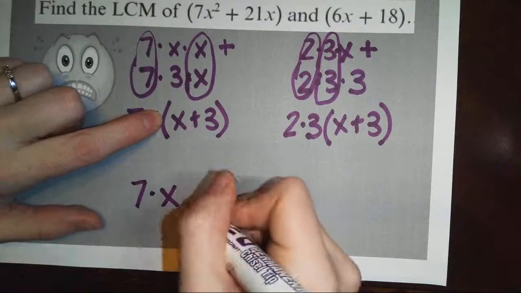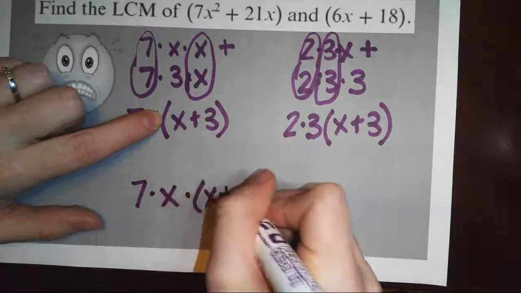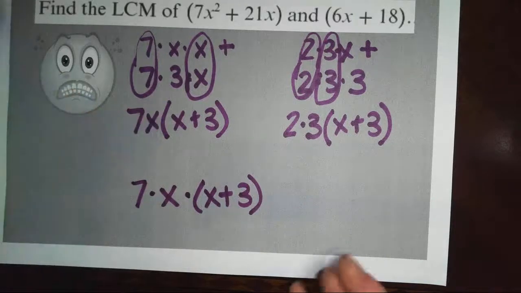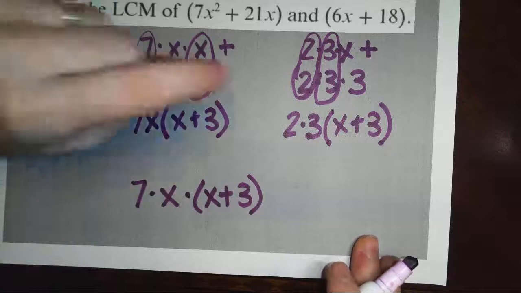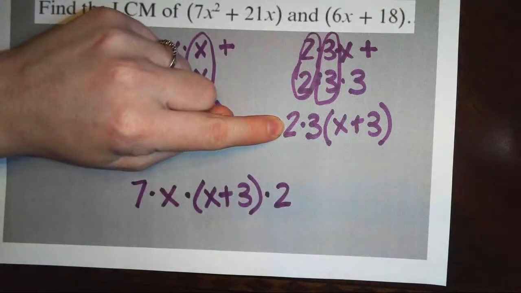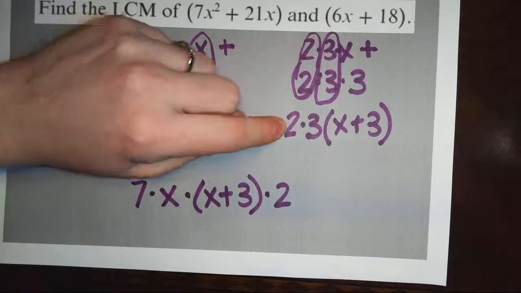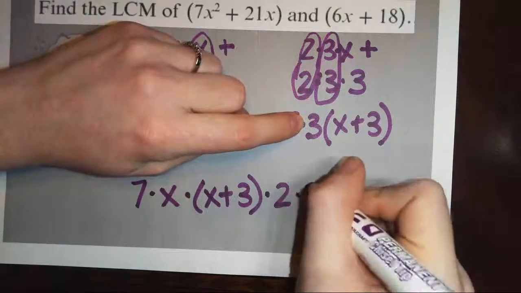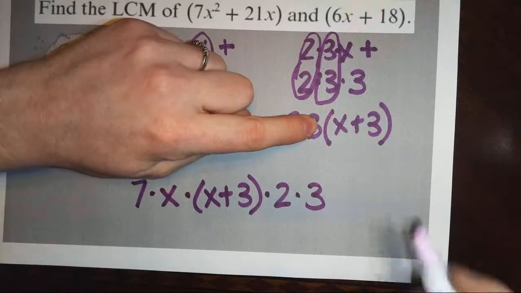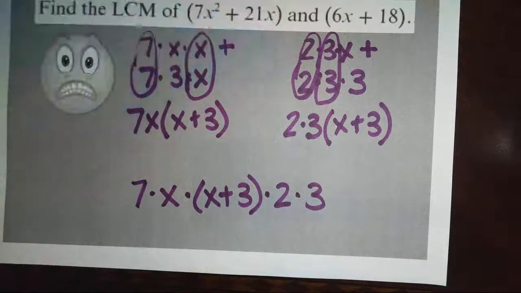And x plus 3 is a factor, so that will have to be in our least common multiple also. Remember that a factor can be a polynomial. And the second one, 2 is a factor, so 2 will have to be included. 3 is a factor, so we're going to have to include 3. And then x plus 3 is also a factor, and that's already in there.